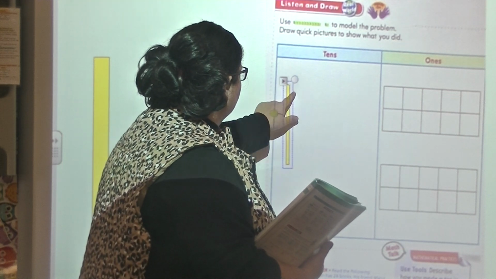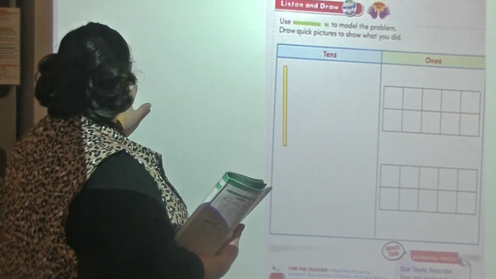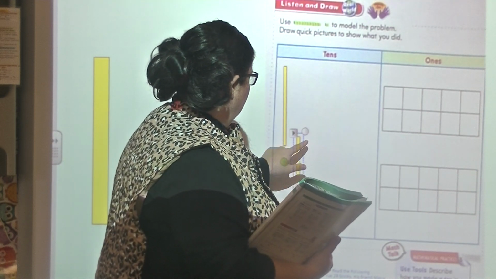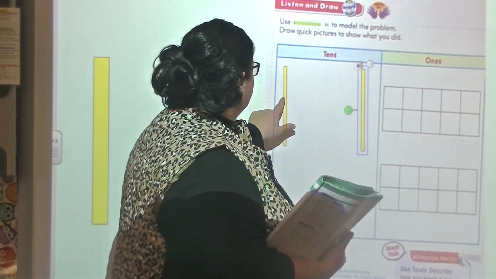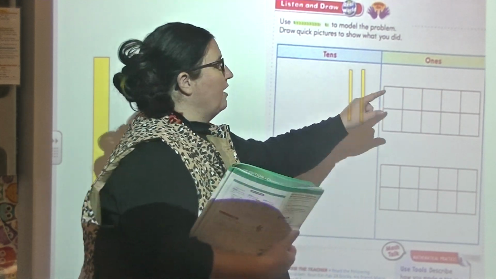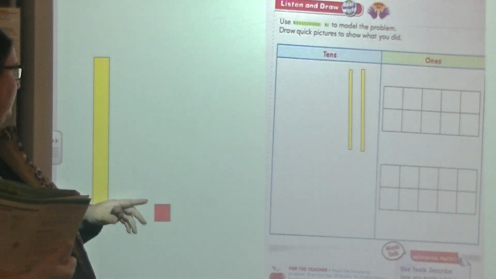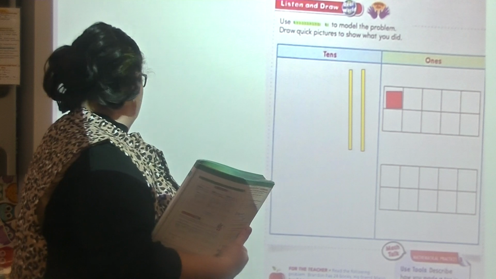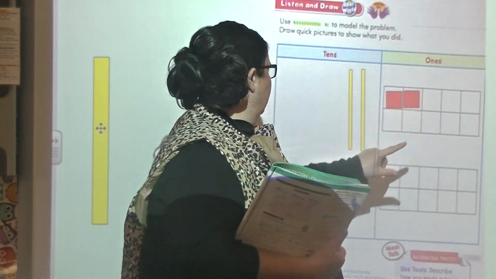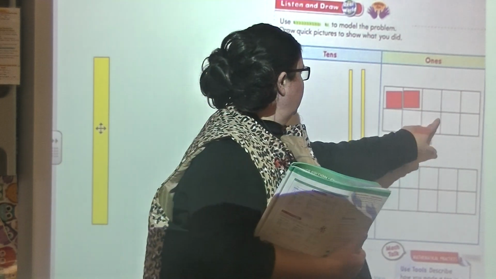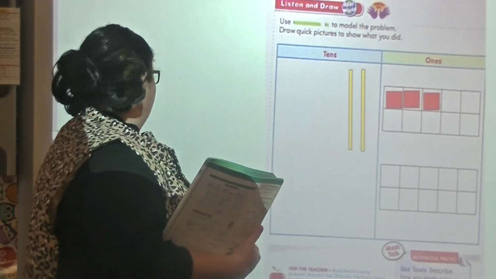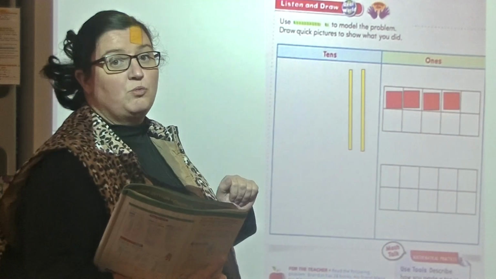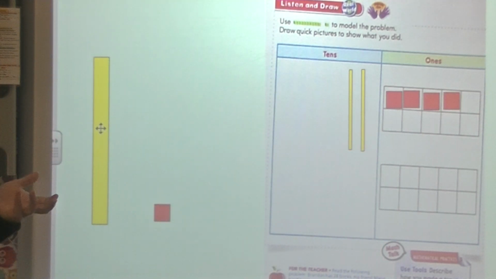They're a little bit smaller. Alright, so 2 tens for Brandon, and how many ones in 24? 4 ones. So help me count. 1, 2, 3, 4. All right, so Brandon has 24.